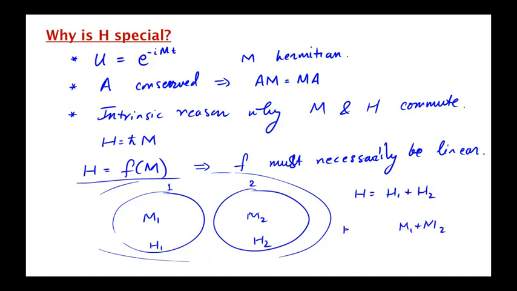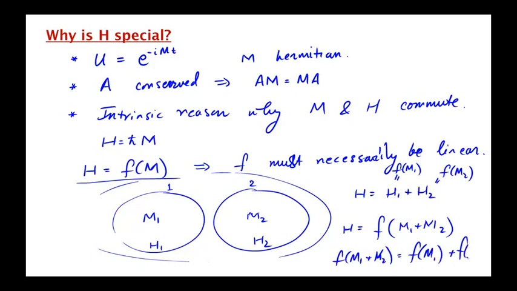And so H must be equal to F of (M1 plus M2). But on the other hand, H1 is F of M1, H2 is F of M2, and so F of (M1 plus M2) equals F of M1 plus F of M2. And so that tells us that F must be a linear function.